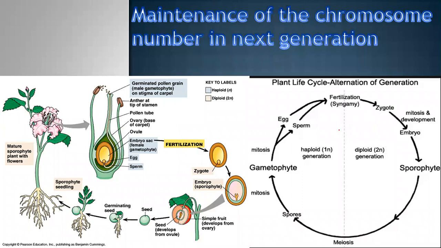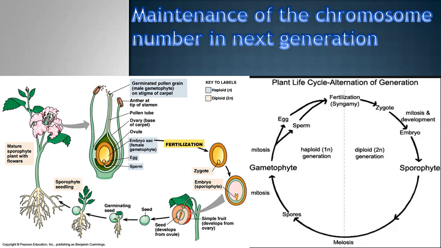How this all happens, we will see here. You can see this is a flowering plant, for example hibiscus. This is the sporophyte, the mature plant with flowers which we can see. In the flowers we have the gametophyte generation: germinated pollen grains, the male gametophyte, on the stigma of the carpel.